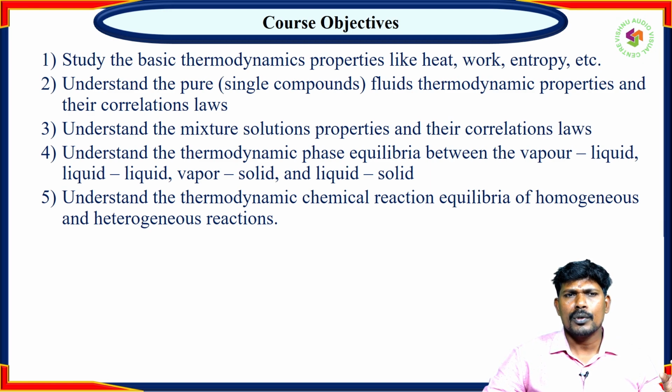In that, we are going to see how to develop chemical reaction equilibrium. If you don't require it, how to inhibit it. So, what are the properties we need to inhibit it? So these are the objectives of this subject.